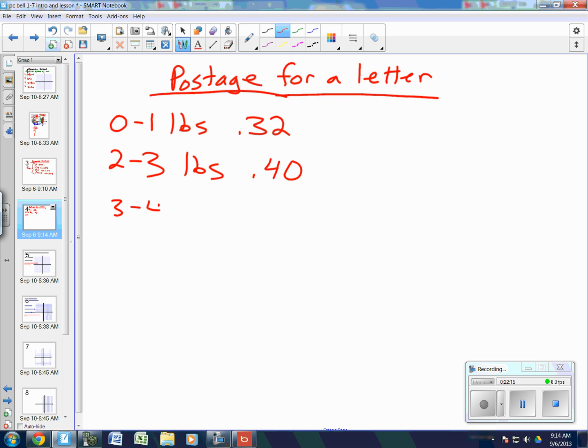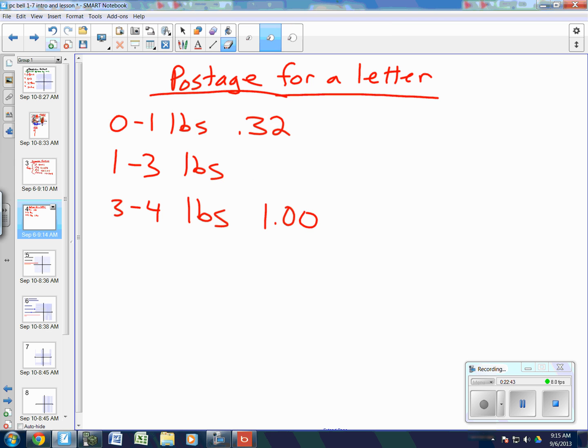From 3 to 4 pounds, let's say the rate jumps up to $1. Kind of getting the idea of this? Okay. Oh yeah, I did miss between 1 and 2, right? Let's make it 75 cents. Okay. I have no idea what postage rates are. From 4 to 10 pounds is $5.